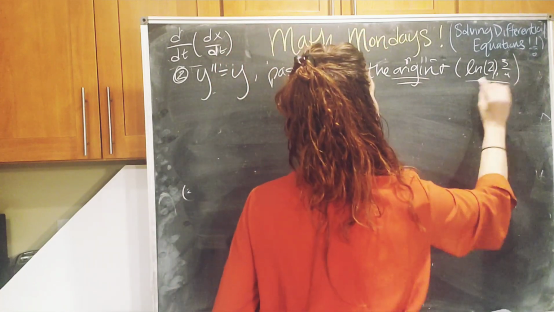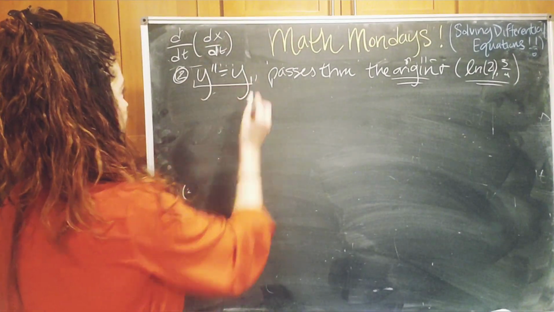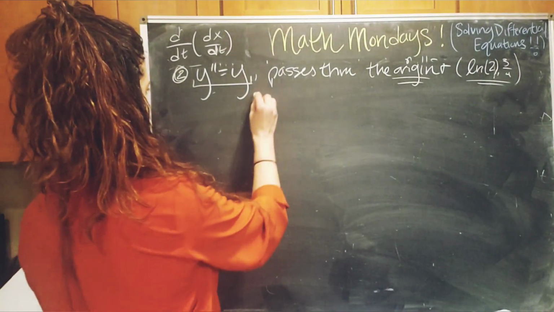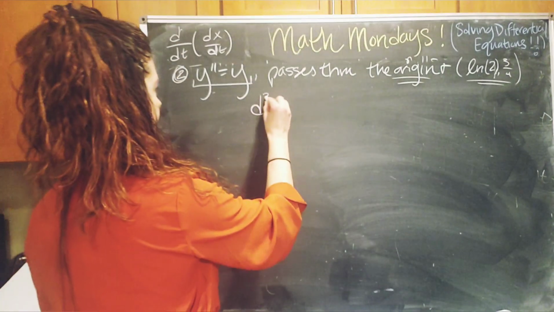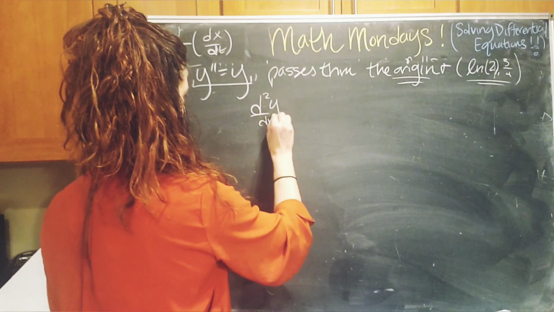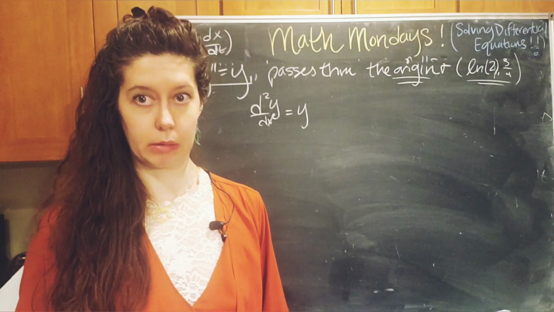So this and that are 2 points. Okay, so this equation is our differential equation. Let's assume that we're dealing with y and x. So we're going to have d squared y over dx squared equals y. This is pretty weird.